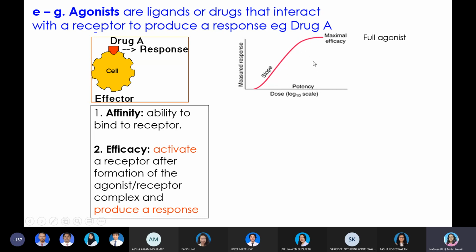You know why it stops here? Because a further increase of the dose will not increase the response. So it has reached its maximal efficacy. Now you don't need to know the details of the experiments. These experiments are always done for drugs. The full agonist, by definition, has affinity and produces 100% efficacy.